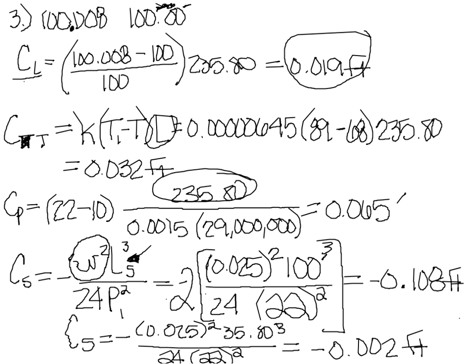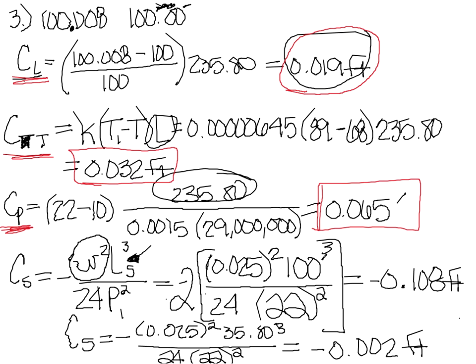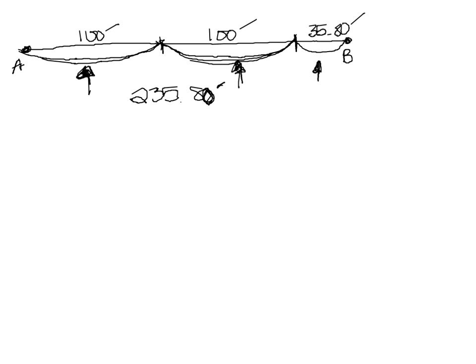There we go. Okay, so we need to correct by this much for length. We need to correct by this much for temperature. Here's our value of correction for pull. And here are our corrections for sag. Okay, now we actually need to apply those corrections.